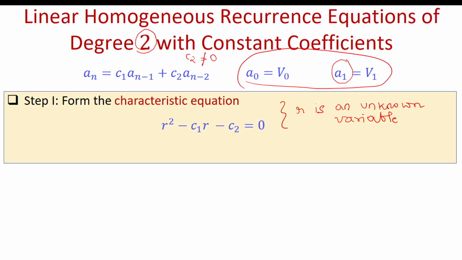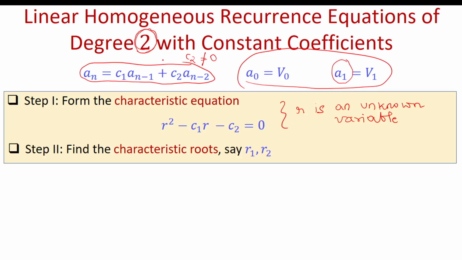So this characteristic equation will be a quadratic equation in r. Why quadratic? Because right now we are considering degree 2 recurrence equations. Okay, and the form of the characteristic equation will be this: r squared minus c1 times r minus c2 equals 0. So that's why it's important that your recurrence condition should be of this form.